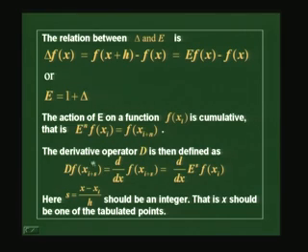The derivative operator acting on any function f at x_(i+s) is simply the derivative d by dx of that function at x_(i+s). Now, I know that f at x_(i+s) is E to the power s acting on f of x_i. Remember, s is an integer in this case, which is (x minus x_i) by h.